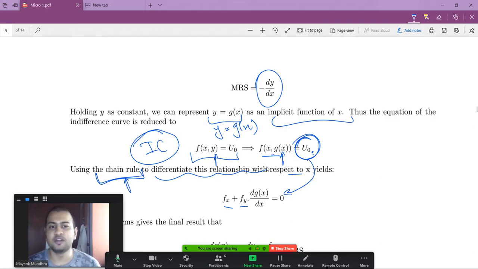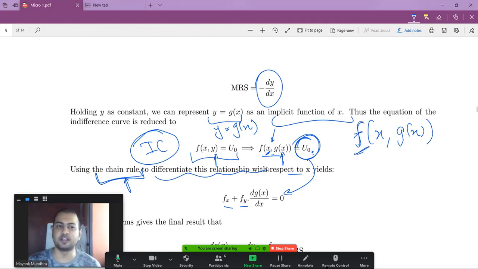Okay. When you differentiate this thing with respect to x, first you differentiate this with respect to x. So f is a function of two things, x and g of x. First you differentiate function f with respect to x, that gives you fx. So this is nothing but del f by del x.